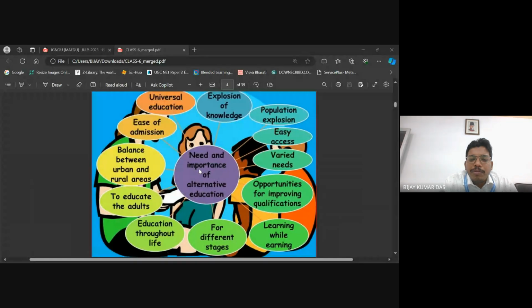Fine. Opportunity for improving qualifications, definitely. It is improving the qualities and talents of the pupils, giving additional knowledge, additional information, additional ideas regarding a subject, as well as societal experiences.